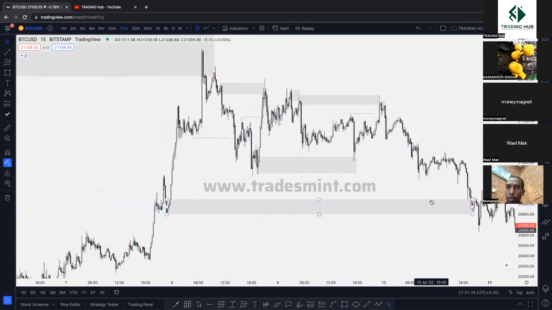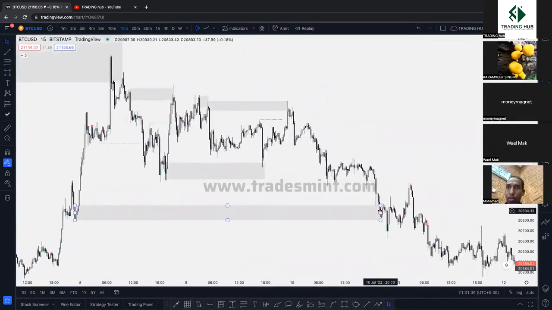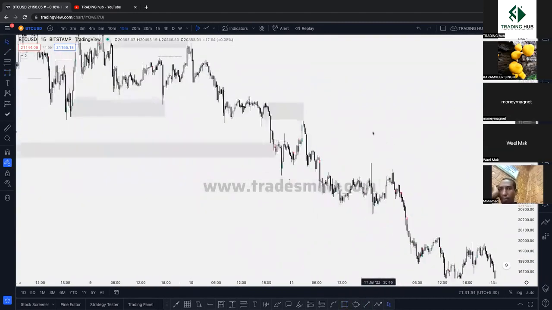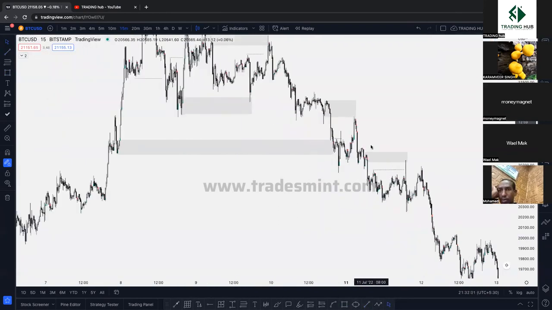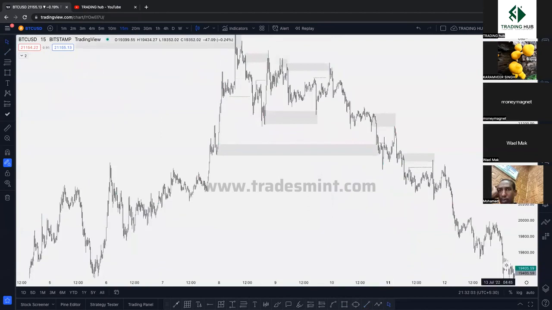Correct. And this one is also a smart money trap. Again, market took out this high here, and then tapped on this order flow. Break the structure, took out this high, and again tapped on this, because market momentum is bearish.